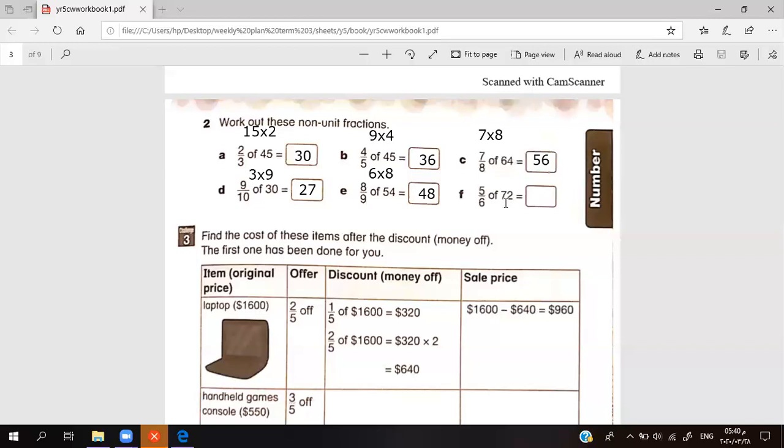What about here? Okay, he wants 5/6 of 72. Let's divide the 72 into 6 parts. First, 72 divided by 6. It's going to give me what? Guys, please, 1 second.